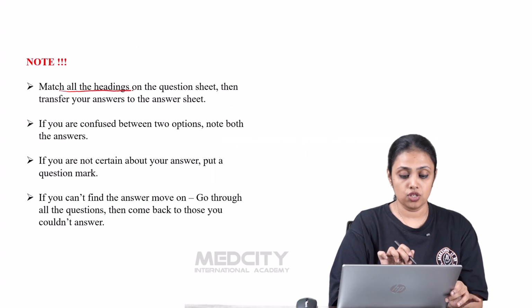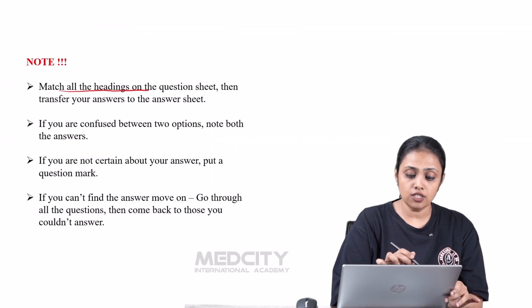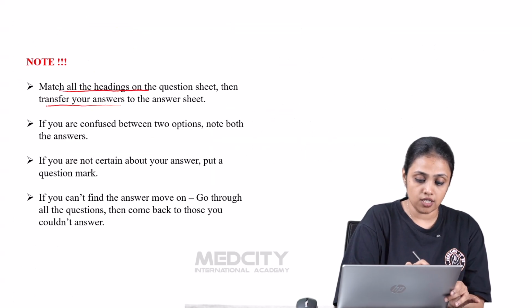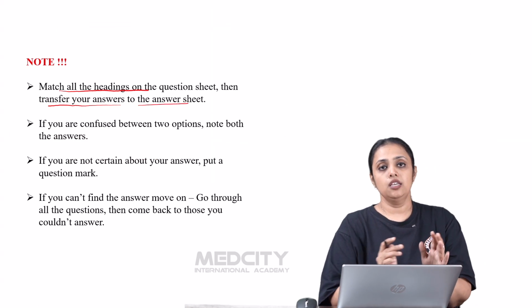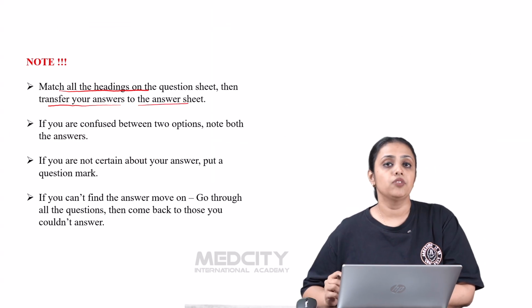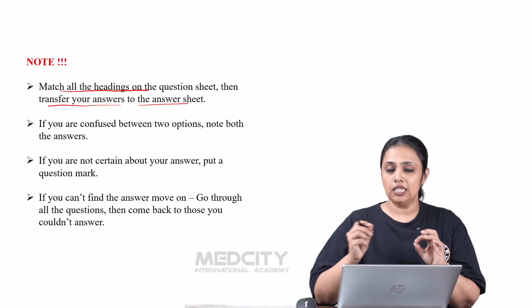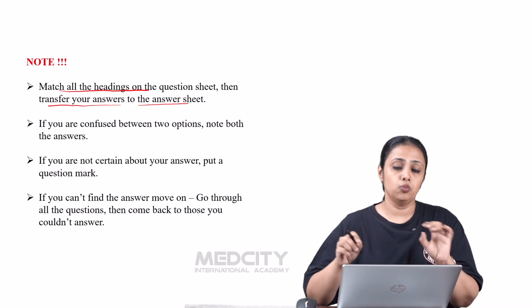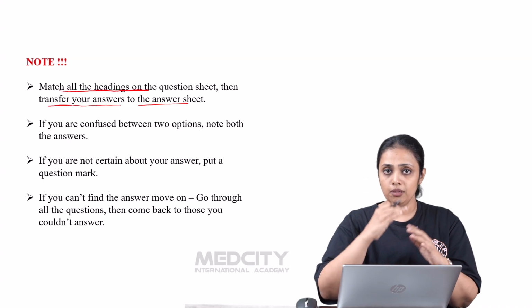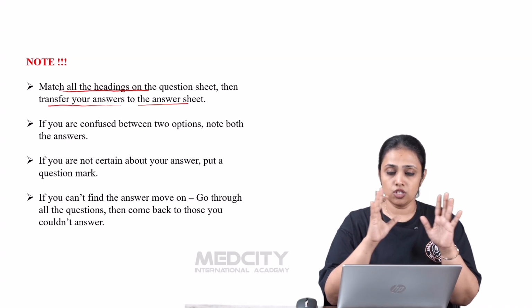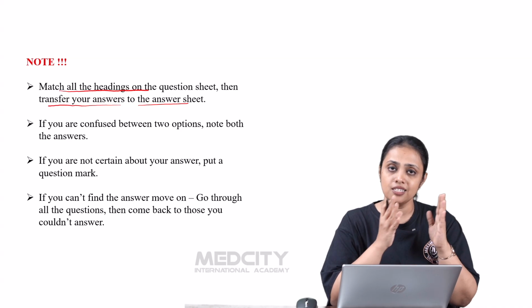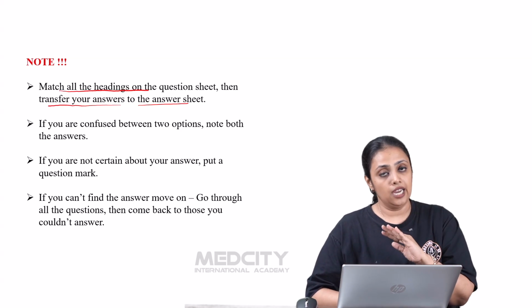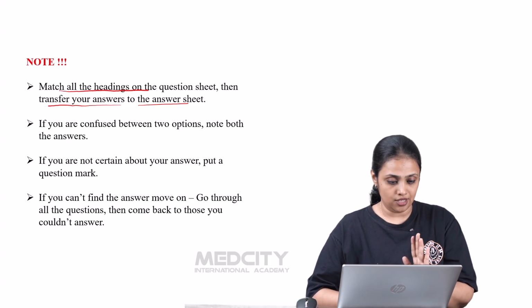Match all the headings on the question sheet, then transfer your answers to the answer sheet. You have a separate question booklet and an answer sheet. So don't immediately mark the answer onto the answer sheet when you find a match. Do the matching for all the sections, and once you're finalized with all the headings, only then transfer the answers onto the answer sheet.